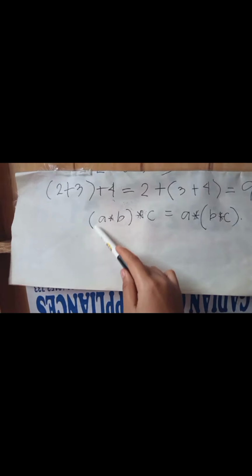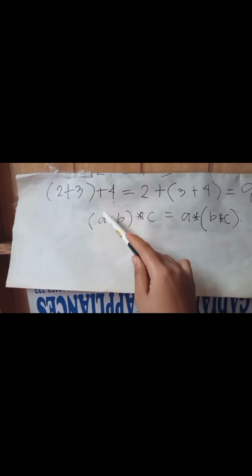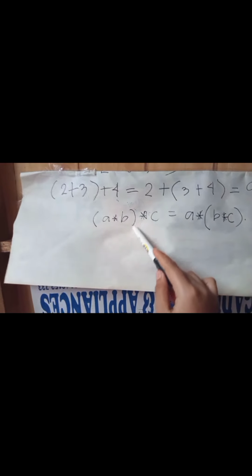So, in general, it could be open parentheses A star B, close parentheses, star C equals A star, open parentheses B star C, close parentheses. This property is shared by most binary operations, but not subtraction, or division, or octonion multiplication.